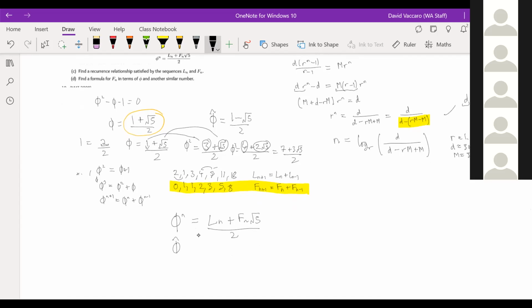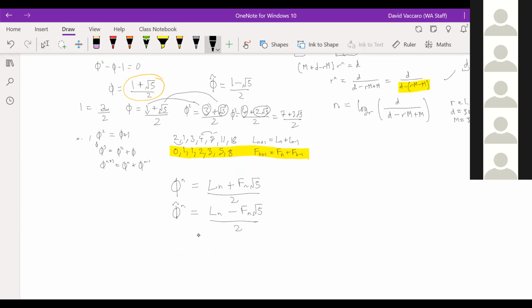So the other root raised to the power n is the Lucas number minus the Fibonacci number times root 5, divided by 2. And to eliminate the Lucas numbers, I just subtract. And then I get the Fibonacci numbers times root 5. So I get the Fibonacci number is phi to the power n minus phi hat to the power n all over root 5.